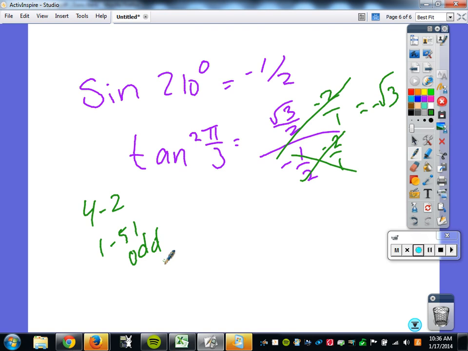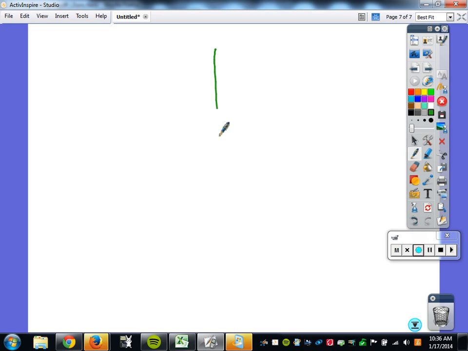Okay, the one thing I didn't get to, there's 2 things actually I remember now. What if I gave you a point right down here, and I said this point right here is negative 5, negative 12. And I ask you to please tell me all 6 trig functions. So first off, you're going to draw the triangle, okay?